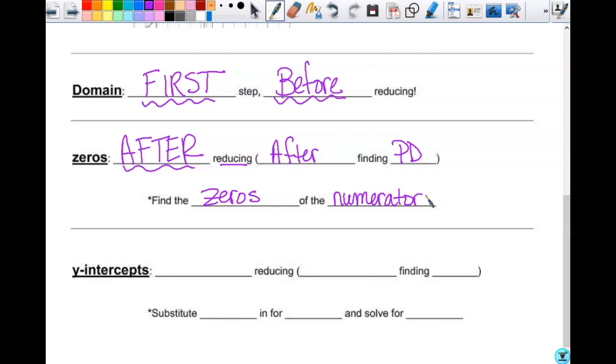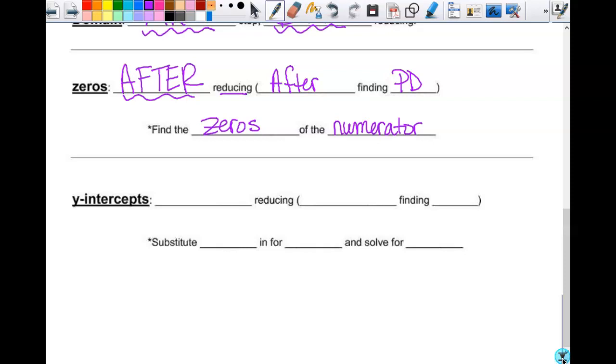It's the zeros of the numerator. Then our Y-intercepts, this also happens after reducing, which means it's happening after finding point discontinuity.